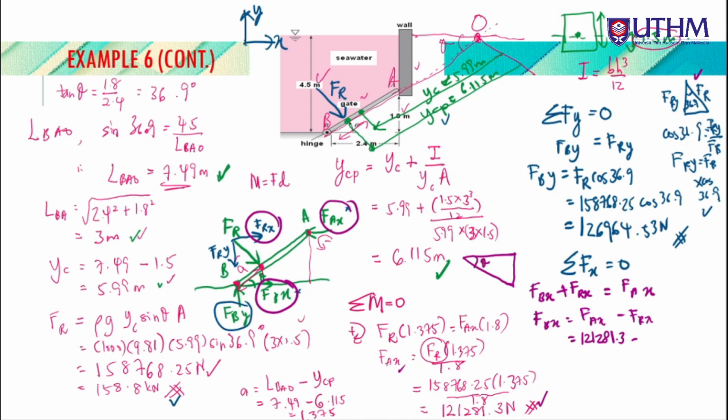So ni theta, ini adalah dia punya FRX, ni FR. Okay. So sin theta equals to hypotenuse over FR, FRX.